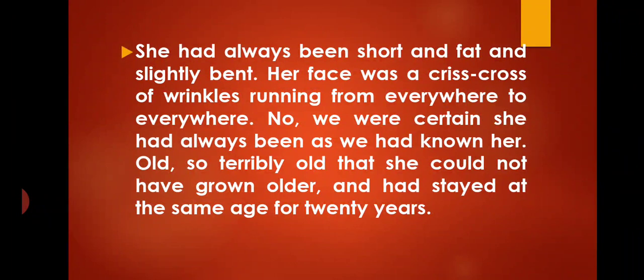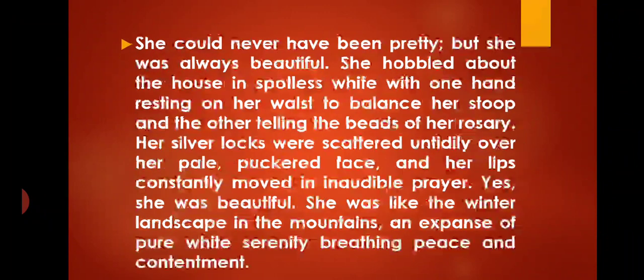So he feels that she was always in the same way, the way he had seen. He says that she could not grow older because she was already terribly old, and she had stayed at the same age for 20 years. It is the opinion of the writer.